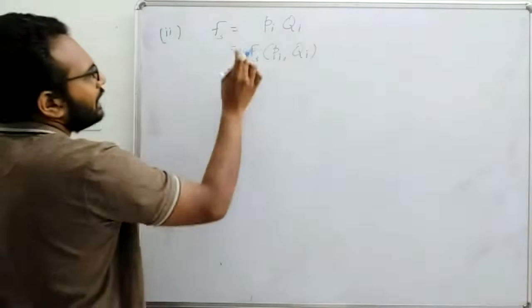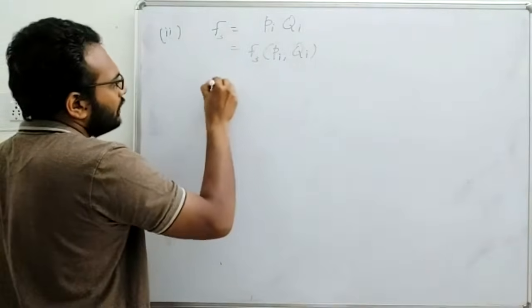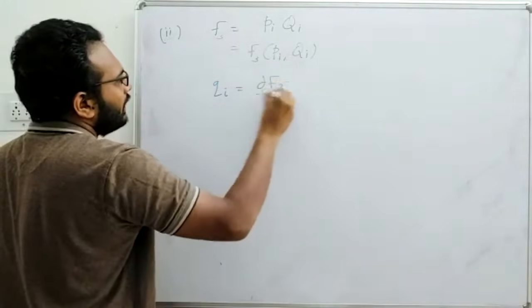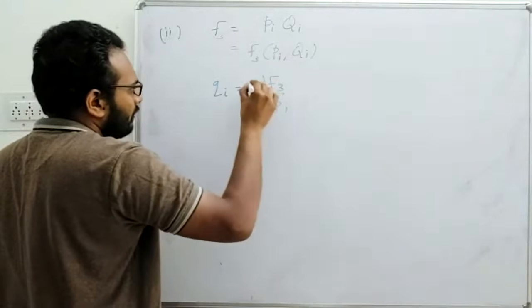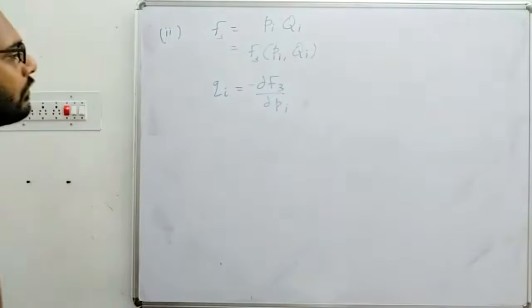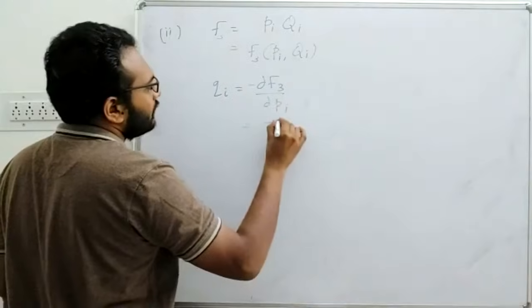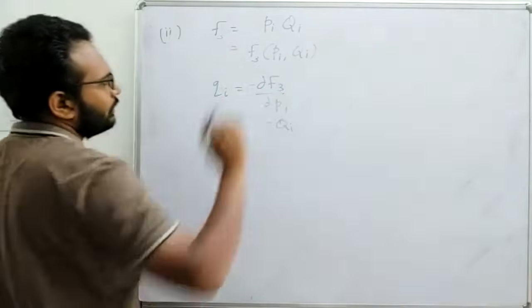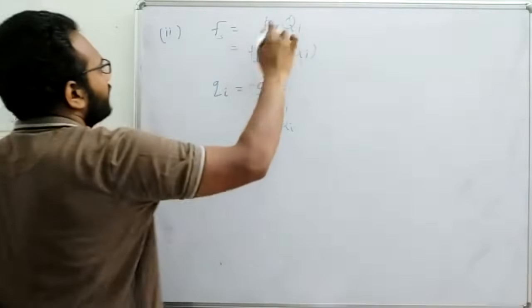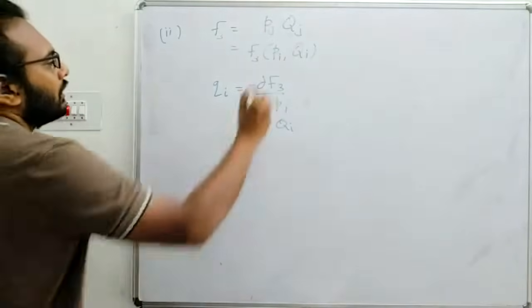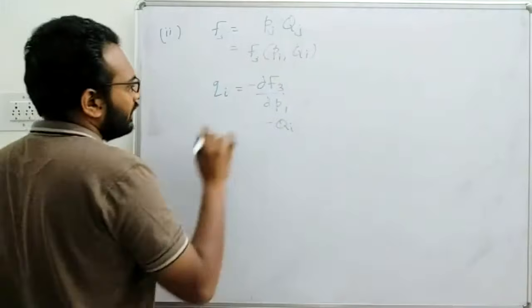Because we know that Qi is equal to dou F3 by dou Pi with a minus sign. So this is equal to minus Qi. Just do it and you'll see that there's a summation implied, sum over j. So it's minus Qi.